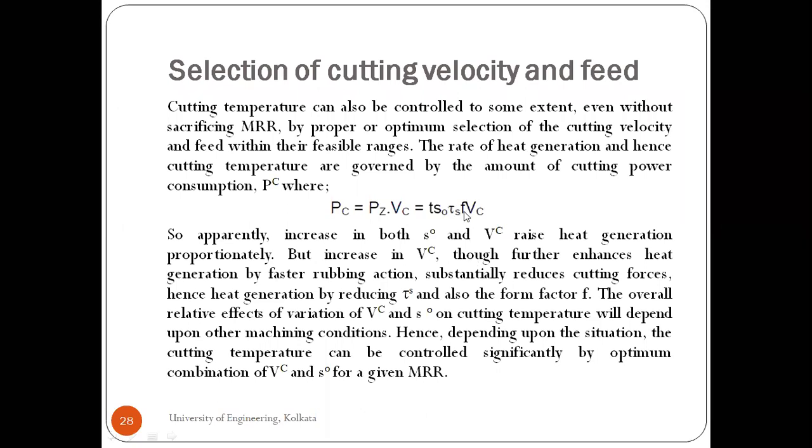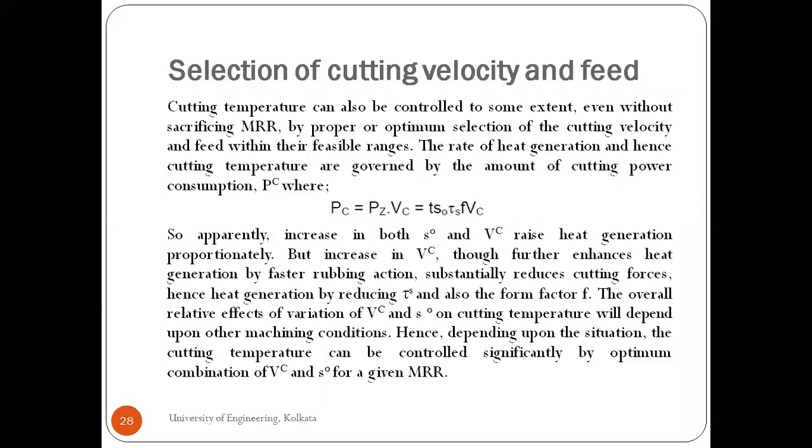Form factor again depends on the tool geometry as well as the material of the tool and workpiece. So apparently the increase in both the feed and cutting speed increases the heat generation proportionately.